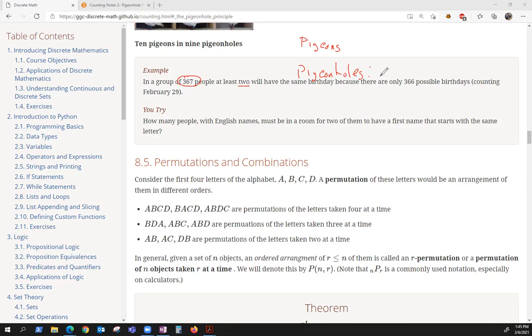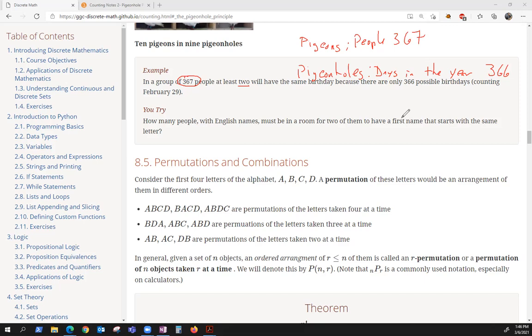Well, in this case, the pigeonholes are going to be the days in the year. Well, there are 366 possible days in the year, counting leap years. And the pigeons here are going to be the people. And you have 367 people.